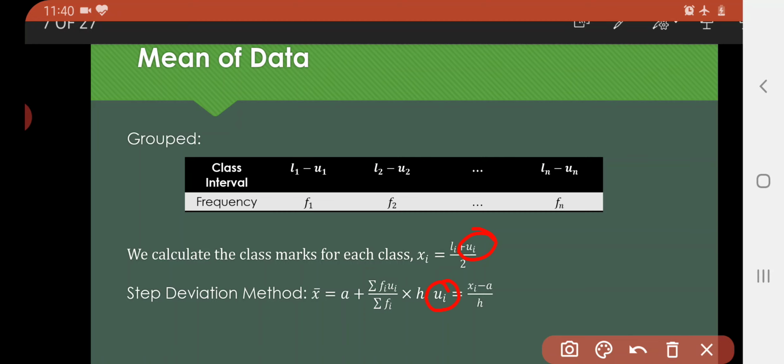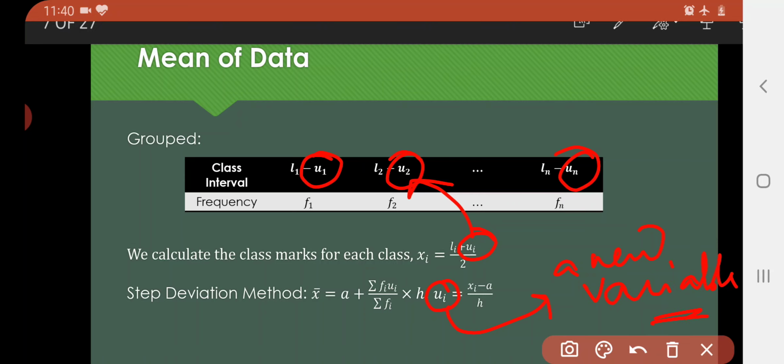Not a mistake, but if you understand what they stand for, then I think you won't have any problem. These ui's are basically representing the upper limit of the class intervals, but this ui is representing a new variable. I hope that part is clear.